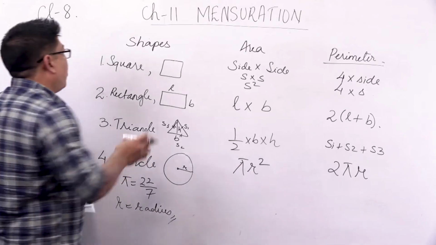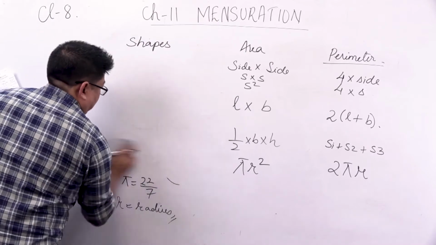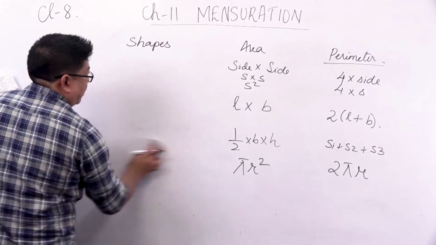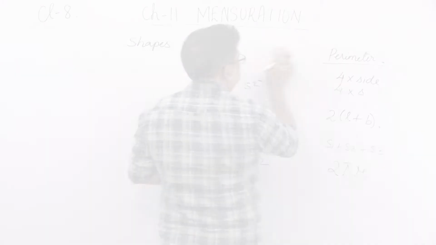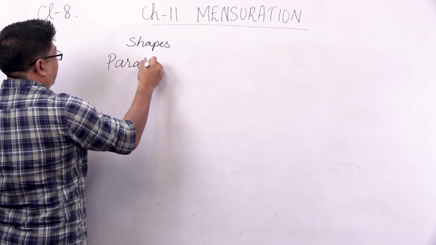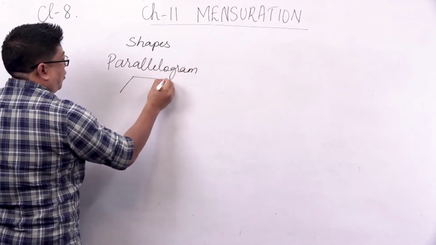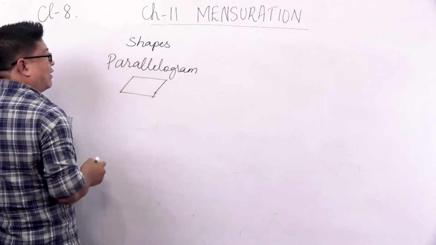And there are many more such examples. Let's look at all of them. Please make sure that you are writing all this down. Now there's another one, that is parallelogram. So parallelogram has opposite sides parallel, right?